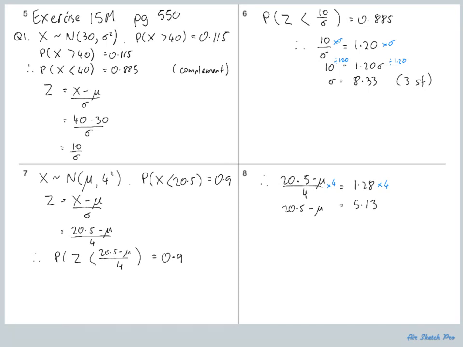And then I'm going to subtract 20.5 and change the signs to make mu positive. Or if you like, I'm going to add mu to that side and subtract 5.13 from that side. So it gets me mu equaling 15.4 to 3 significant figures. There we go. So that's how you do it.